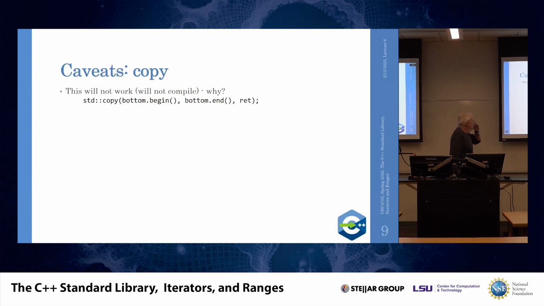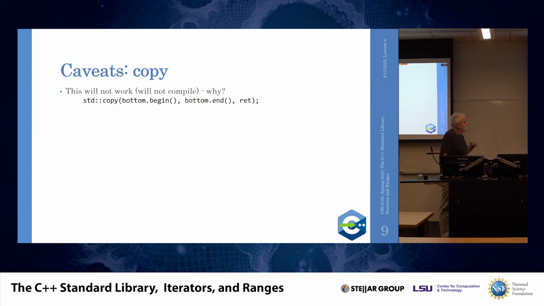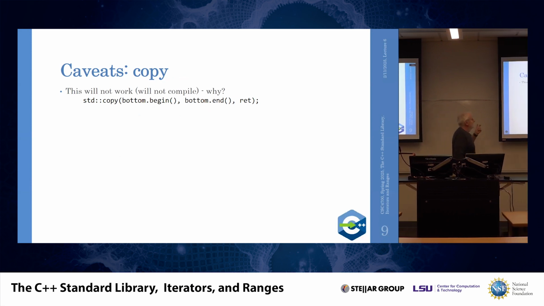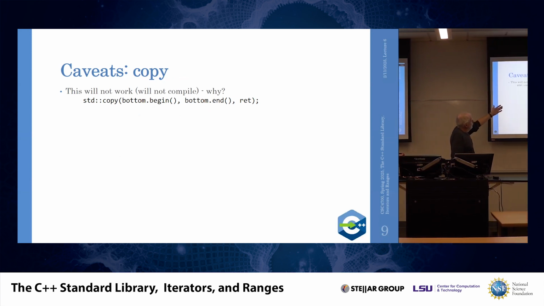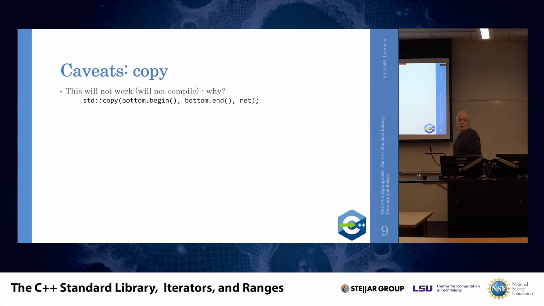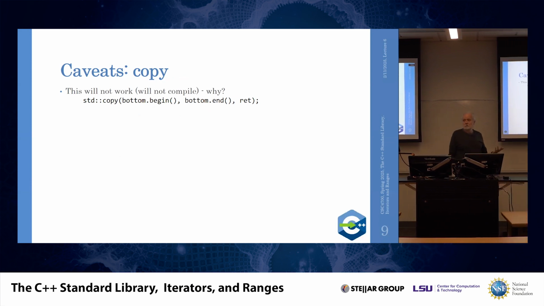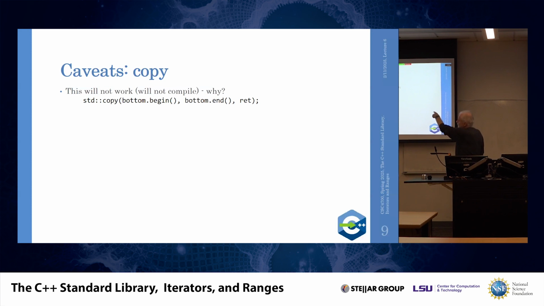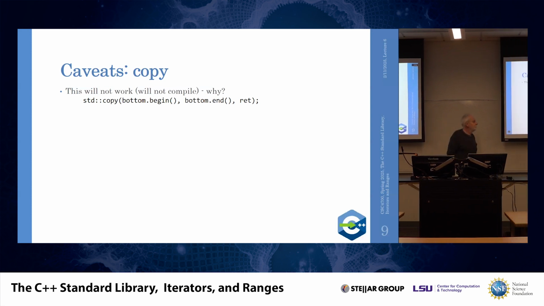So let's have a look at certain scenarios where it actually will not work. So if you write copy(b.begin(), b.end(), red) where red is a container, why will that not work? Anybody? So let's assume red is a vector of something. Anybody?